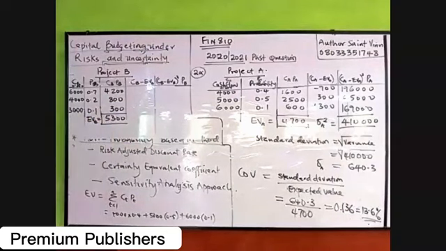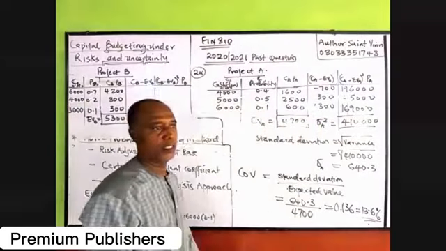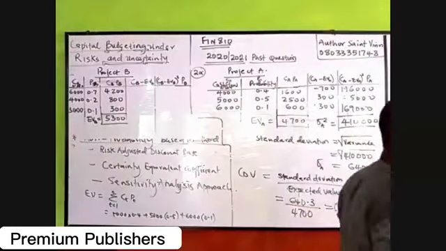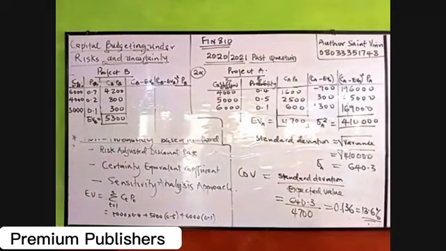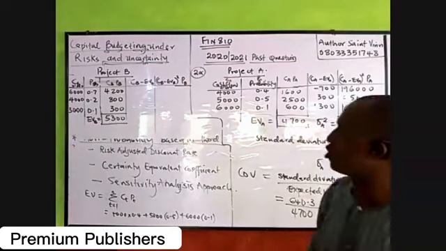Are they following? Who is not clear? Who does not like the way we are doing it? Ask questions, the exam is almost here. Project B, we are going to look for the deviation.